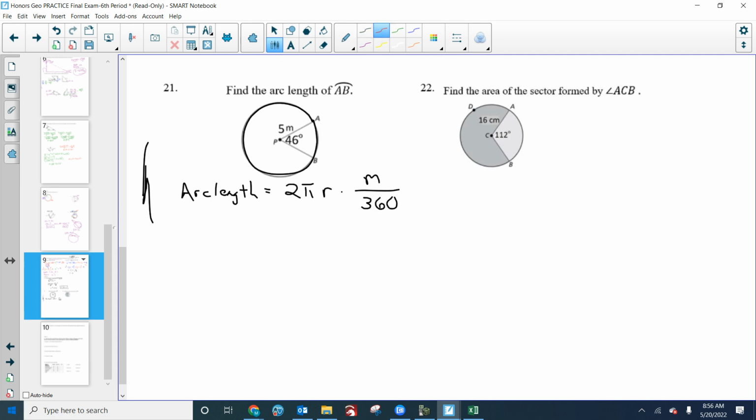Let's see. So our arc length from A to B is 2 pi times 5 times 46 out of 360.